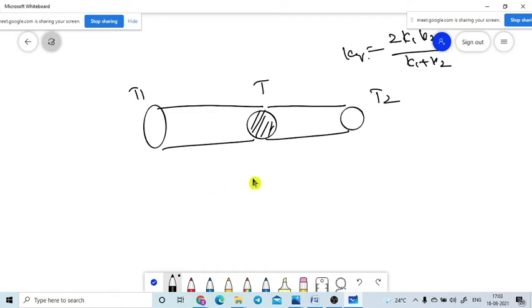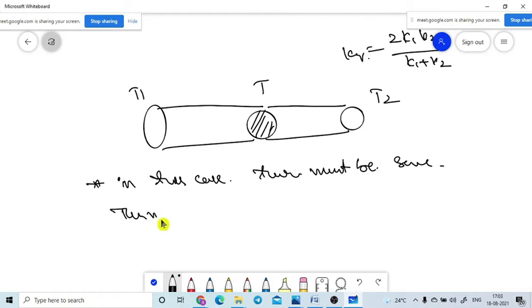What is the same formula? What is the condition? If the materials are connected in series manner, the thermal current must flow at a constant value. In this case there must be the same thermal current through every material.